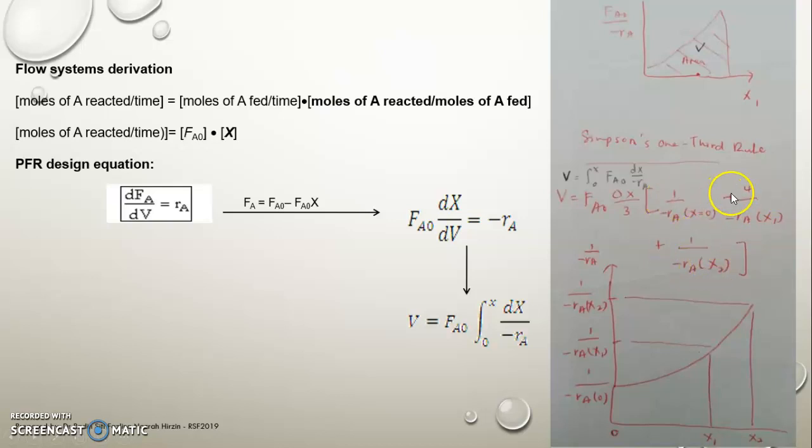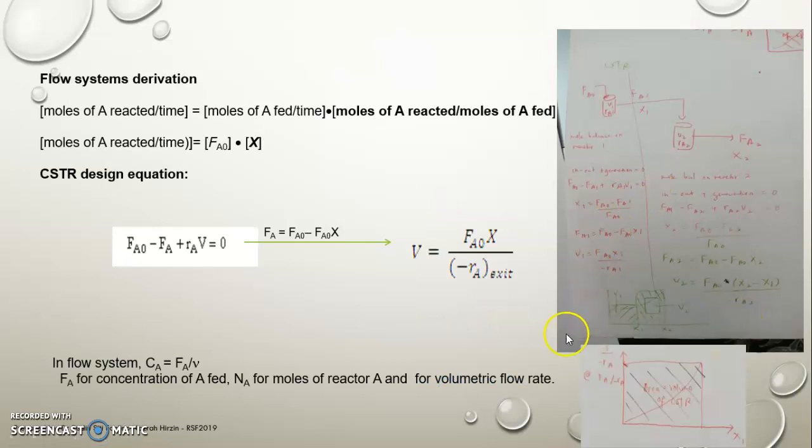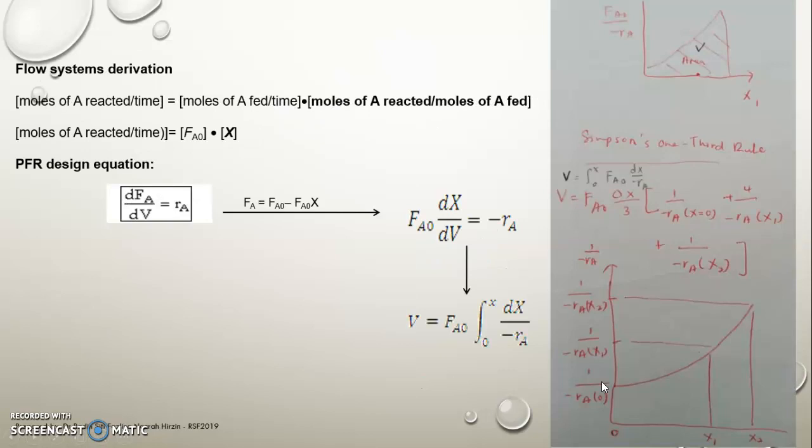So hanya ada 1, 2, 3 sahaja dalam kurungan ni. Kalau dia bagi volume sampai 4 pun awak kena kira sampai 3 sahaja, sebab tu dia panggil one-third rule. Untuk plot graph dia sama juga: paksi X conversion X, paksi Y 1 over negative RA. 1 over negative RA ni sama juga dengan FA over negative RA, nama lain dia sama.